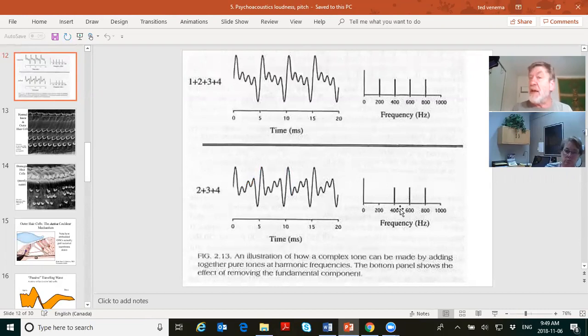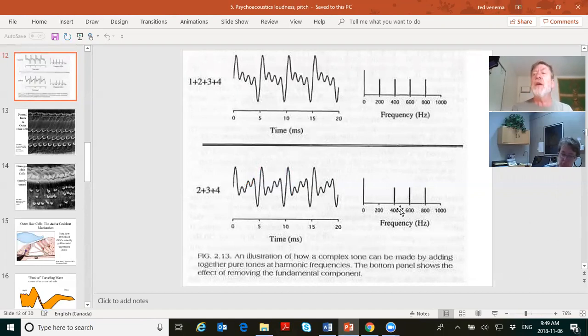That's better explained by Rutherford's temporal firing rate theory than by the place theory. Same with the motorbike revving. That's called periodicity pitch. So there's two phenomena: the case of the missing fundamental, and the second one is periodicity pitch, the motorbike revving.